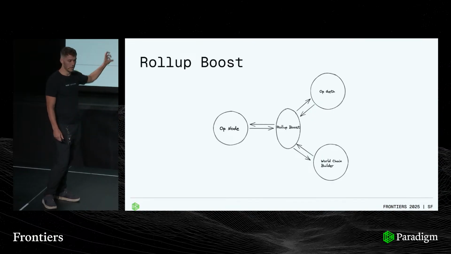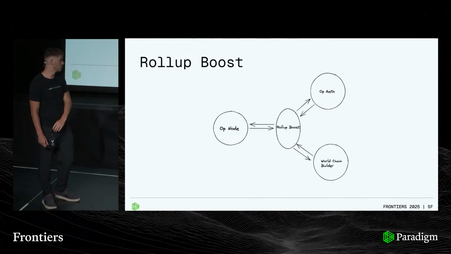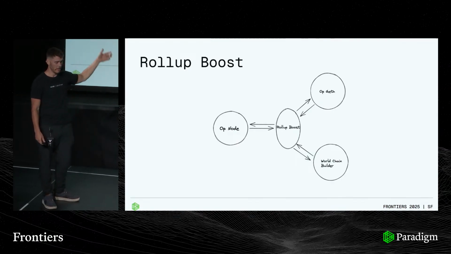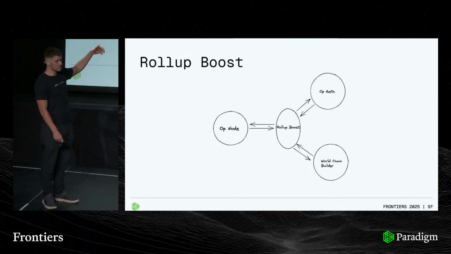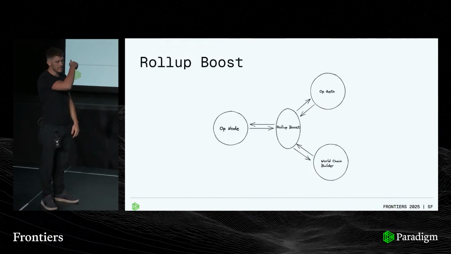Rollup boost will multiplex that fork choice update to OP-geth and the block builder. OP node will ask for the block, and then that get payload will be multiplexed again between the builder and OP-geth. Rollup boost then validates the payload of the builder through OP-geth with a new payload call prior to feeding it back to OP node.